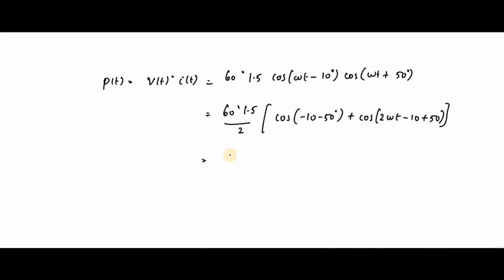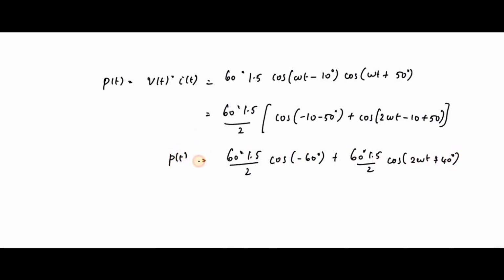So 60 into 1.5 divided by 2 cos of minus 60 degree, plus 60 into 1.5 divided by 2 cos of 2 omega t plus 40 degree. So this is your instantaneous power.